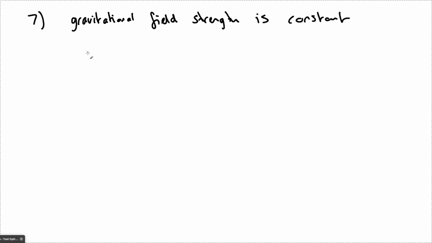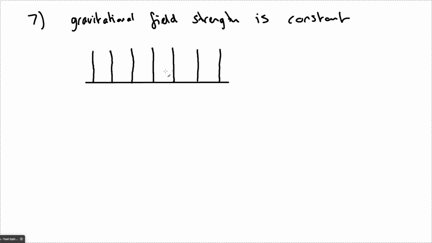And what that means is that the gravitational field lines will be parallel and equally spaced. So if we've got a uniform field here at the surface of an object, if we draw the gravitational field lines at the surface of the Earth, the gravitational field lines across a small region of the Earth's surface will be basically parallel and equally spaced. There would be the field lines.